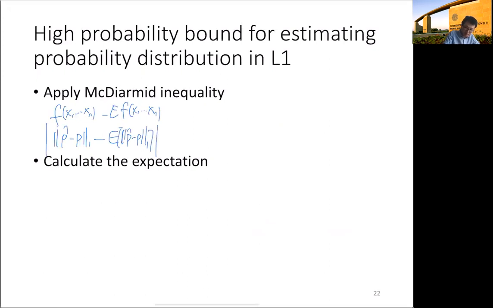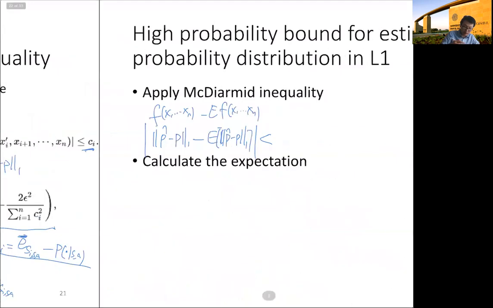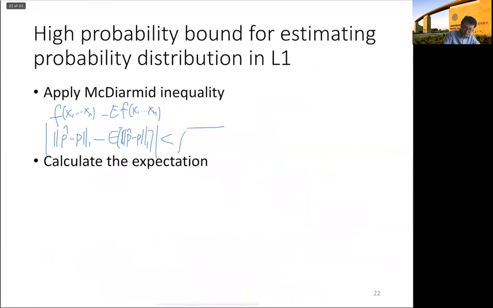Absolute value, we know that this one is smaller than, so notice that this is identical to the form of Hoeffding's inequality, right? So we can apply the bound of Hoeffding's inequality and get the square root of 2 over n, c squared.